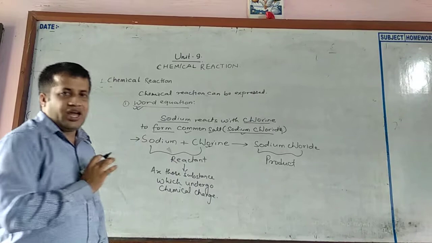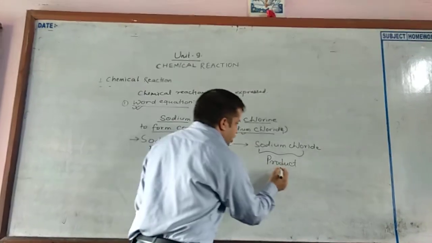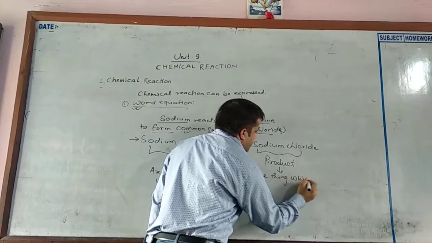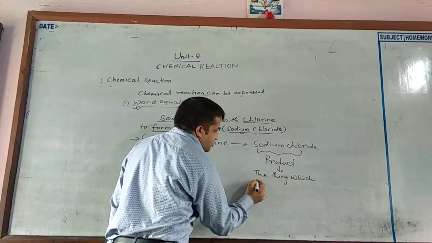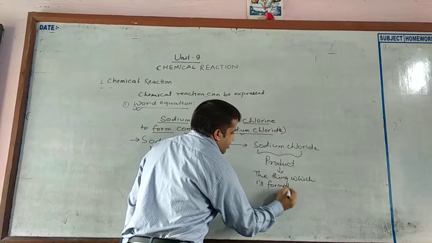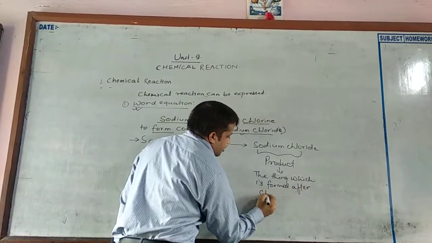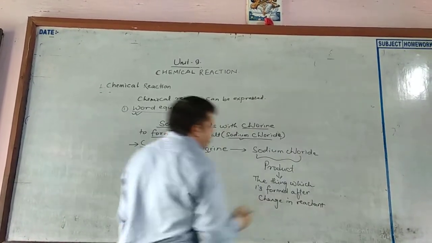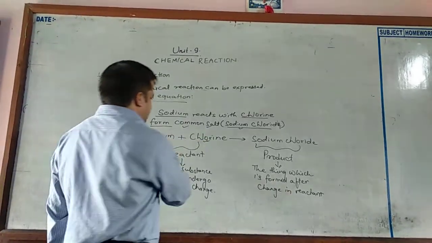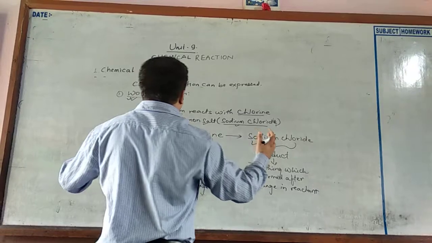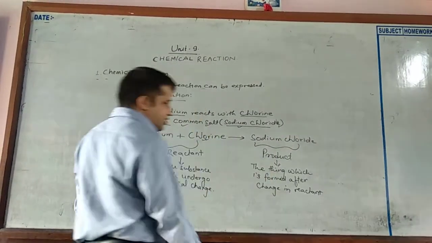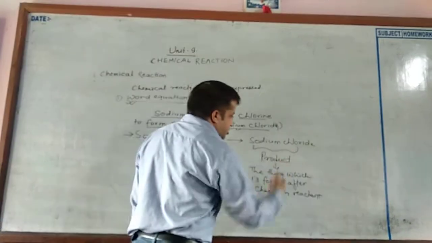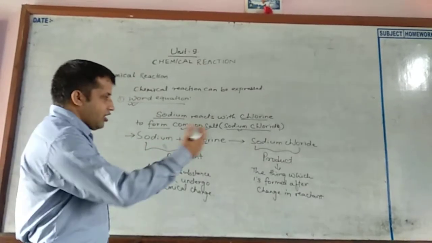So in a chemical reaction, there will be reactants and products. A product means the substance which is formed after the change in the reactants. Generally, reactants are written on the left hand side, whereas the product is written on the right hand side.